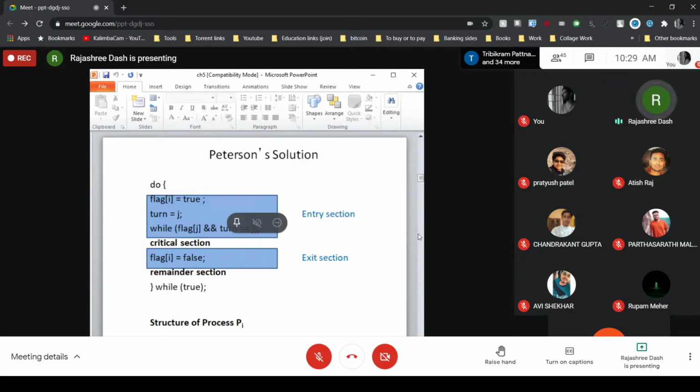But only one assignment will be there for the turn. The turn cannot contain both the values i and j, because the other value will be simply overwritten. So the final value of that turn determines which of the two processes is allowed to enter the critical section first.